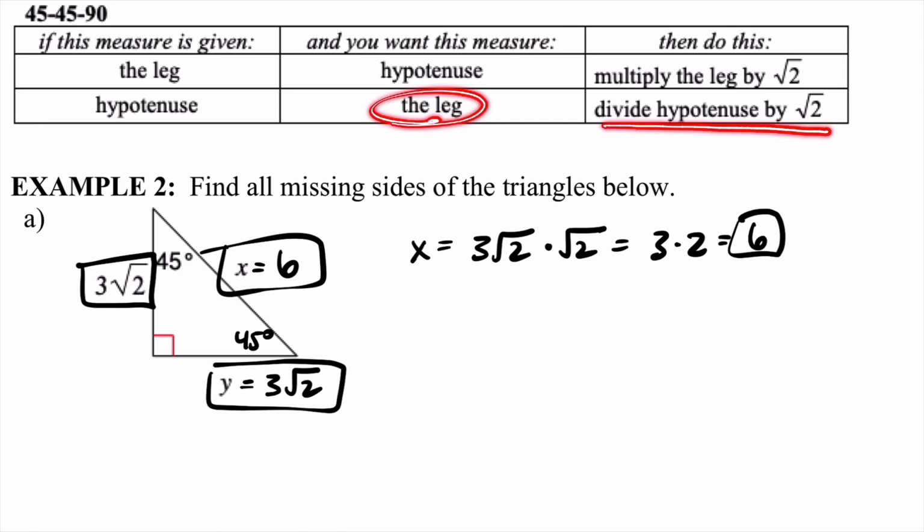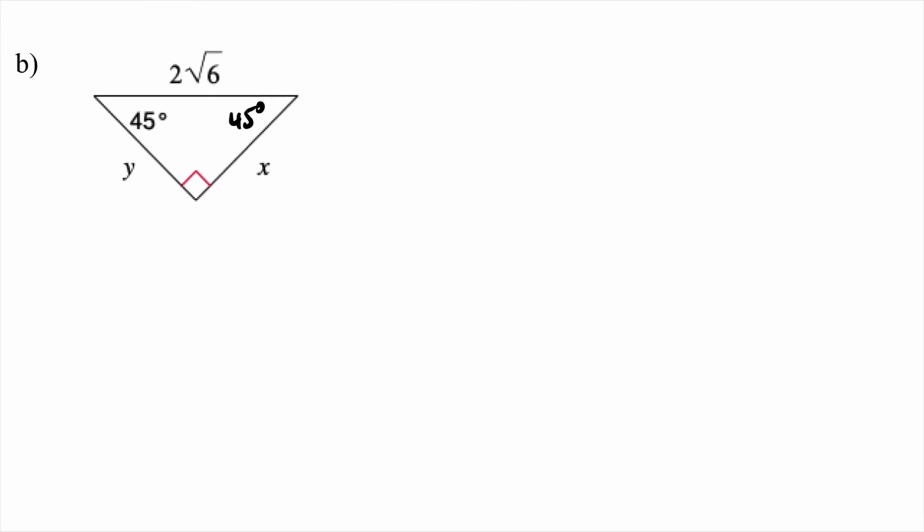So I divide the hypotenuse by the square root of 2. So that means take the hypotenuse and divide it by the square root of 2.